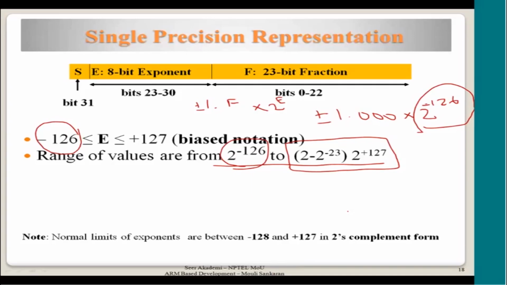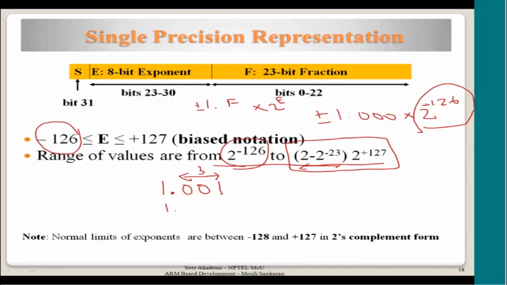So what does this 2 minus 2 power minus 23 represent? For this I need to take a little bit of detour. Instead of 23 bits, assume that there are only this many bits, only 3 bits are given to you for the fractional portion.